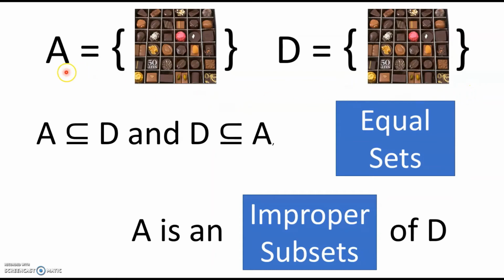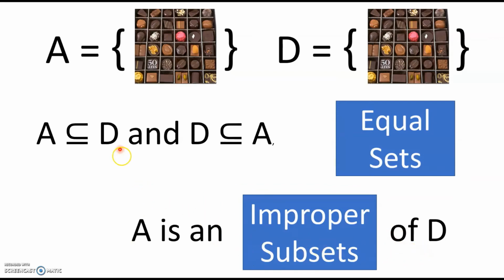So A can be called a subset of D because A has all the elements of D, or I can say D has all the elements of A. And D is a subset of A because A has all the elements of D. So if we can write A and D interchangeably as subsets of each other, then A and D are equal sets. And we can also express A as an improper subset of D.